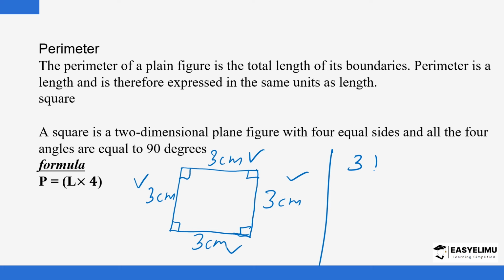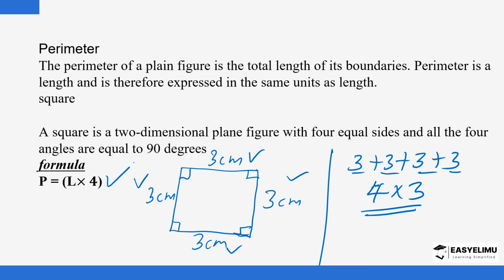We'll do 3 plus 3 plus 3 plus 3. So instead of doing this repetition, you simply take 4 multiplied by each side, which is 3. See, that's where this formula is coming from. So perimeter is the length of one side of the square multiplied by 4. That is basically how you're going to find the perimeter of a square.